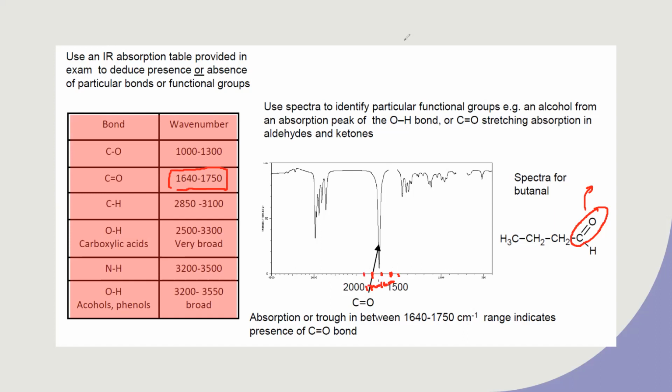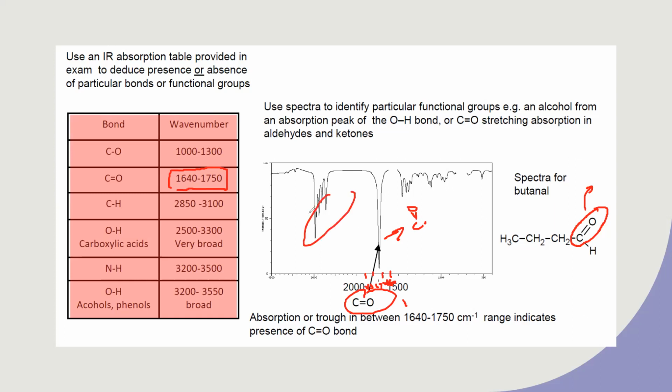So each division is representing 100 only: 1600, 1700, 1800. So a peak is there around 1750, because any peak within this range corresponds to C double bonded with O. So this peak corresponds to C double bonded with O.